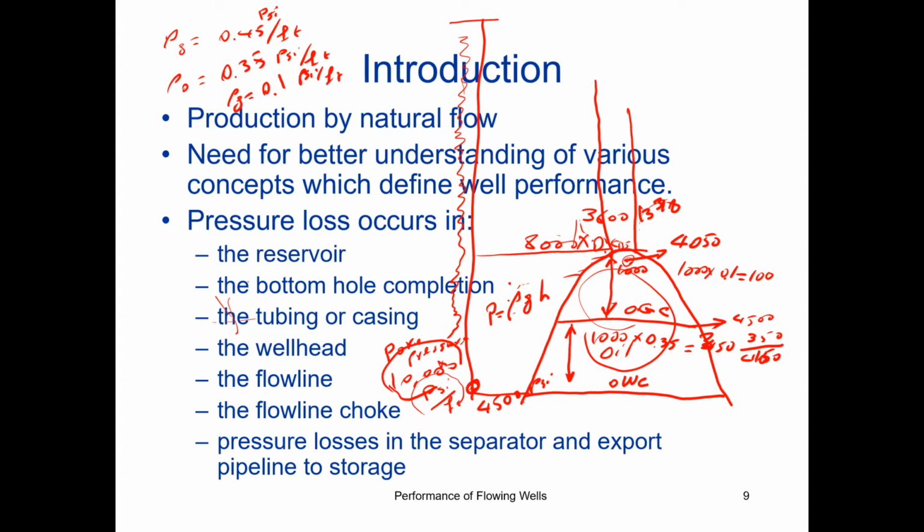We lose energy in the reservoir. We lose energy at bottom hole completion. We lose energy in tubing or casing, wellhead, flow line, choke. So anywhere, because if you don't identify where you lose energy, you don't know what to do with it.